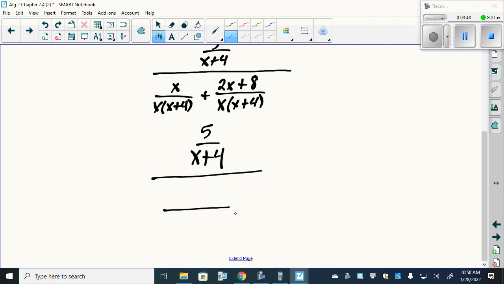Now at this point here, we can actually add the numerators of the denominator, because the denominators in the denominator are the same. They're both x times x plus 4. And here x plus 2x is 3x plus 8.